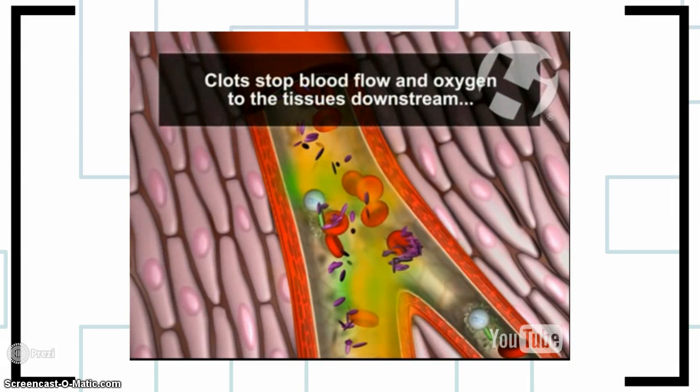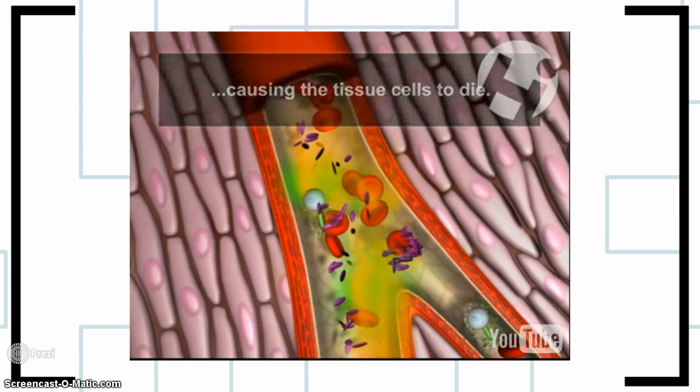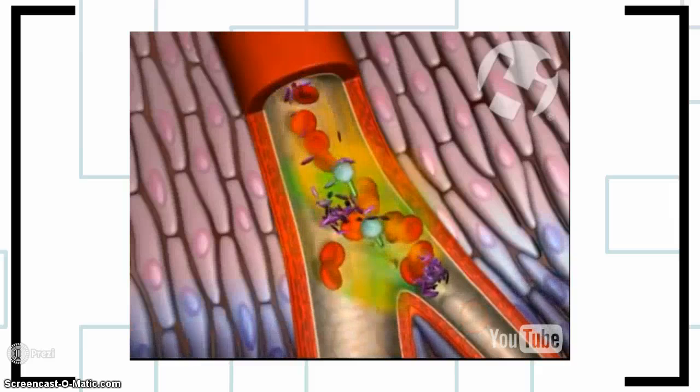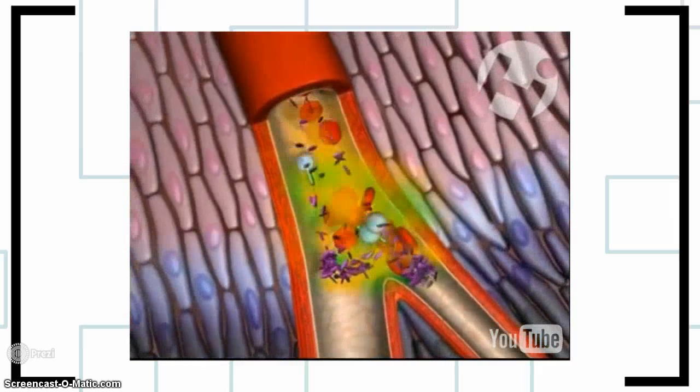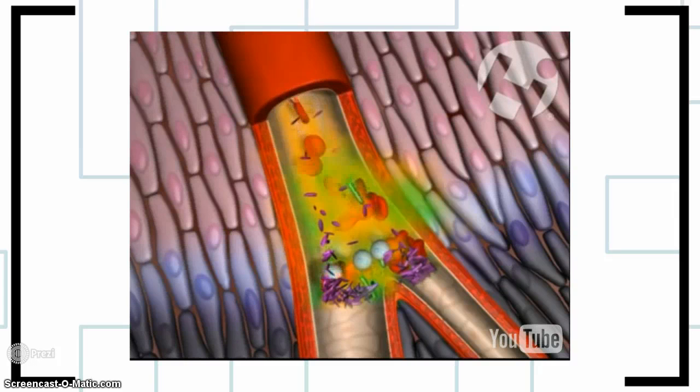The clot stops blood flow and oxygen to the tissues downstream, causing the tissue cells to die. And we can see how we can lose the tissue.